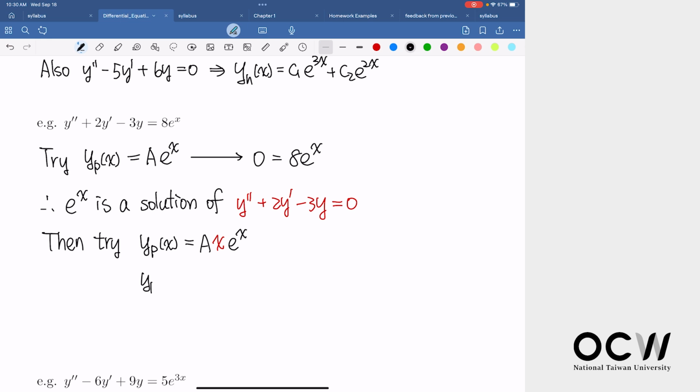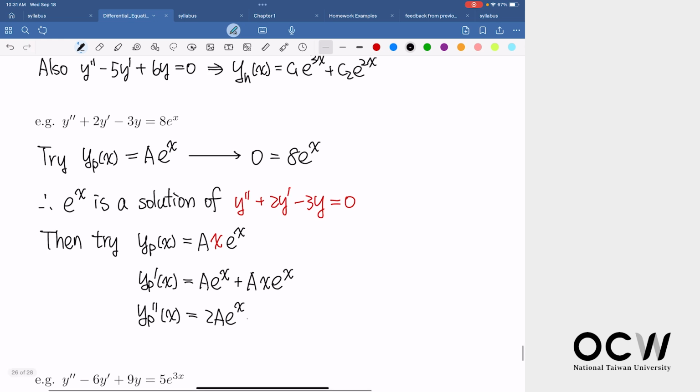And then y prime is a times e to the x, and also plus a times x times e to the x. And y double prime, that is 2 times a e to the x plus a times x e to the x.